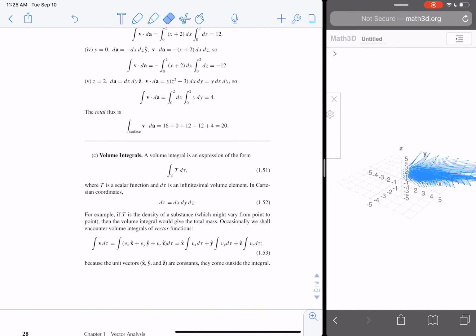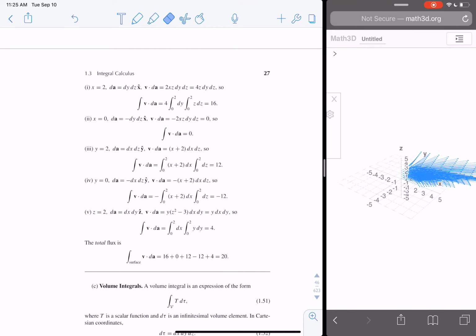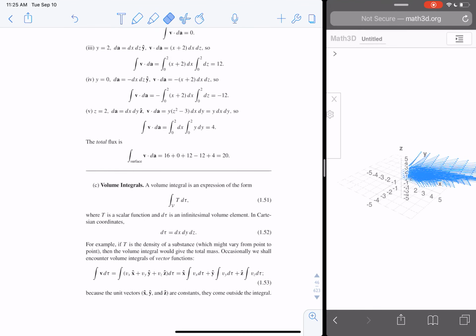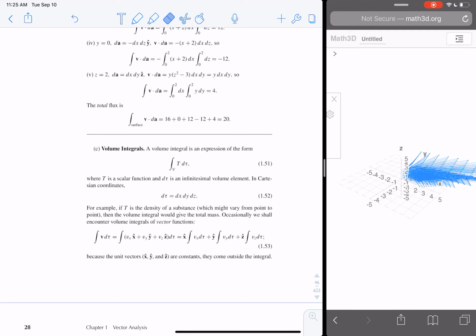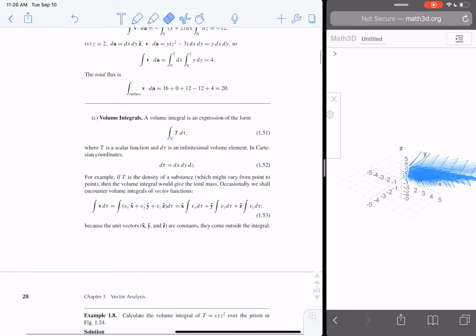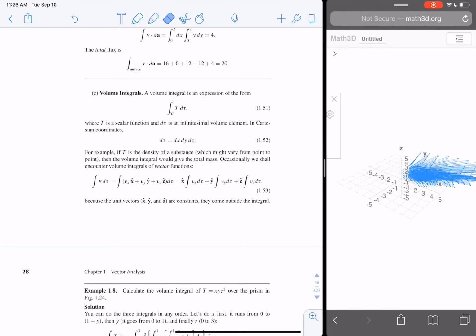Okay, so then your volume integral is going to be the same thing. Your surface integral is just like a line integral, and then your volume integral is going to be some function over a volume element, and a typical volume element is dx dy dz, because volume is length times width times height. So now you're integrating over a volume.